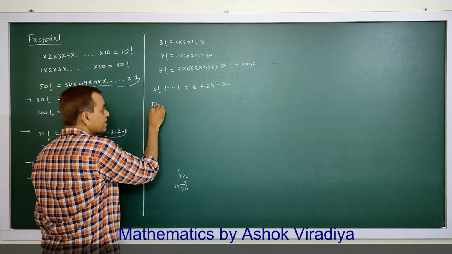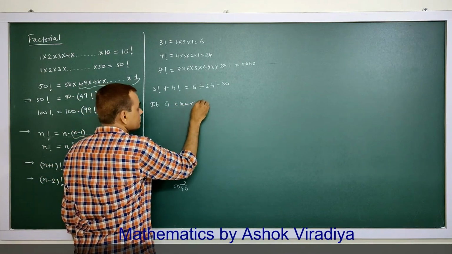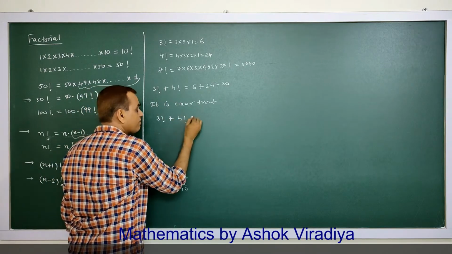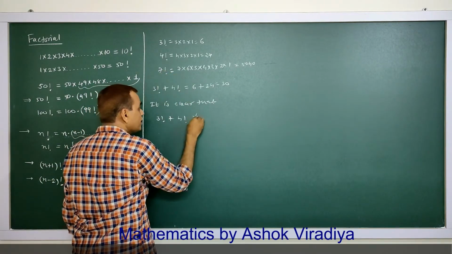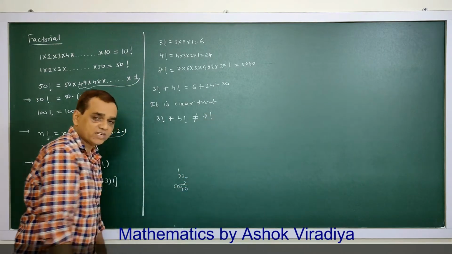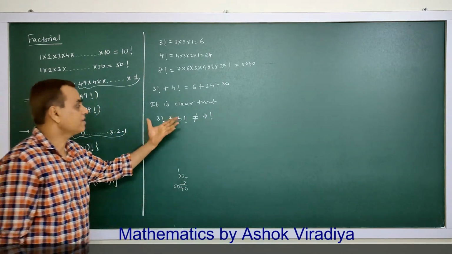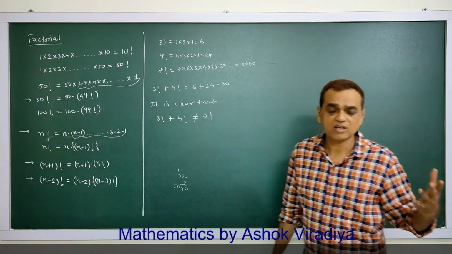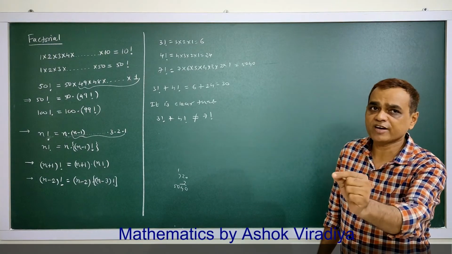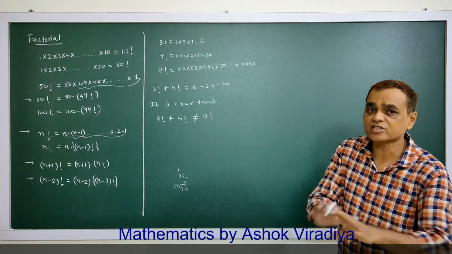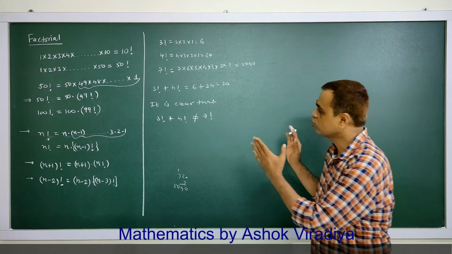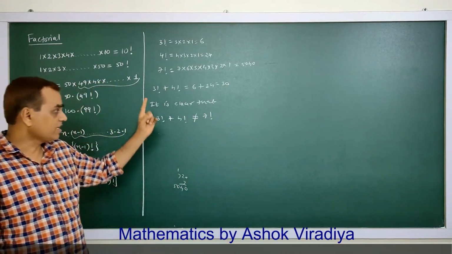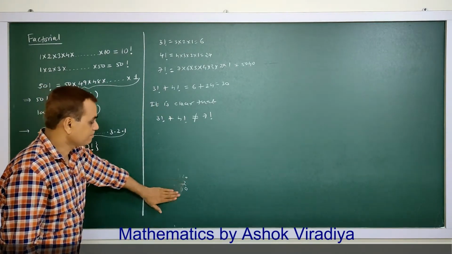So it is clear that 3 factorial plus 4 factorial is not equal to 7 factorial. We can't take addition like this, that 3 factorial plus 4 factorial is 7 factorial, or 10 factorial plus 5 factorial is 15 factorial. That is not true. So we are not allowed to take addition like this.